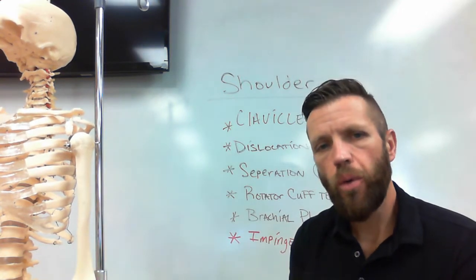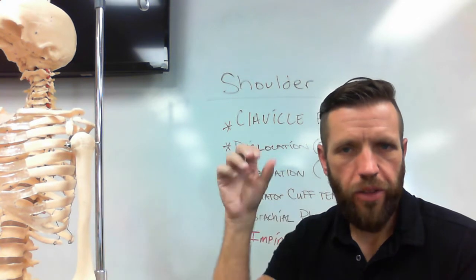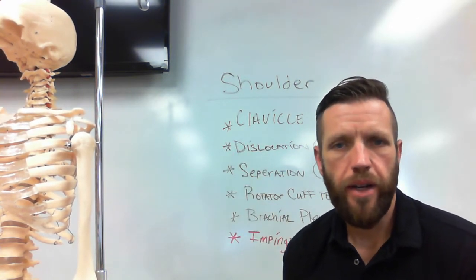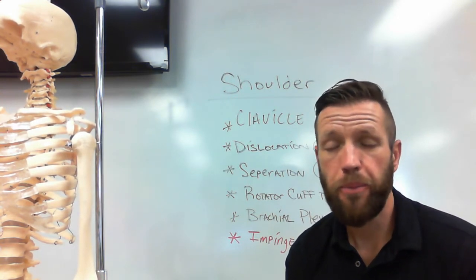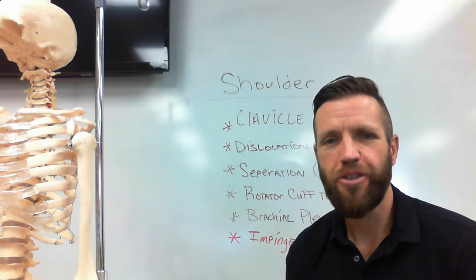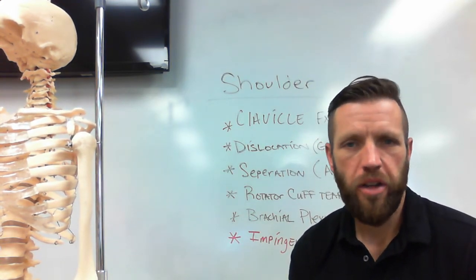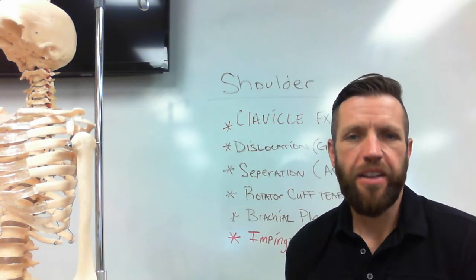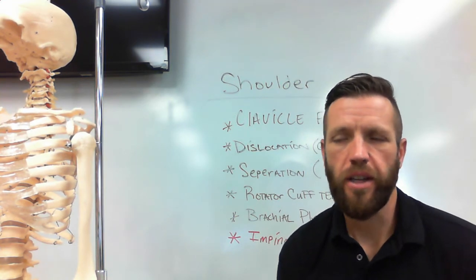And so what we know is that rotator cuff tears are common in overhead throwing sports, but they're also common in older adult populations, from people who are not active at all, and they just do something kind of silly and they tear the rotator cuff. Sometimes we've seen rotator cuff tears occur just because a person hasn't been active and they do one little simple thing and they tear the rotator cuff later in life.